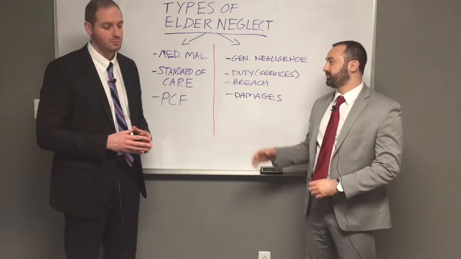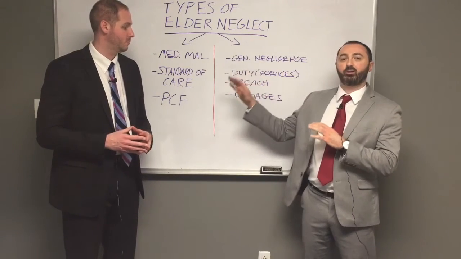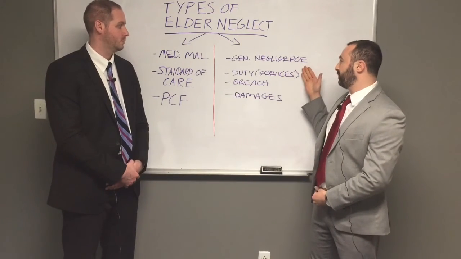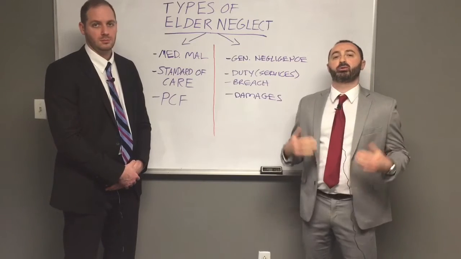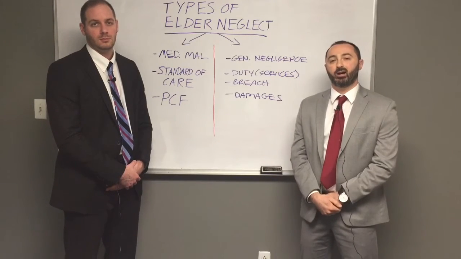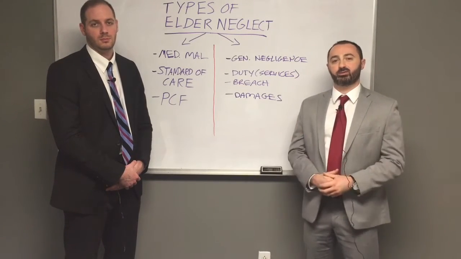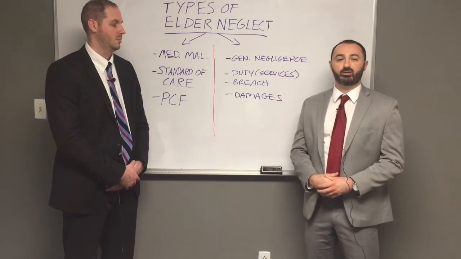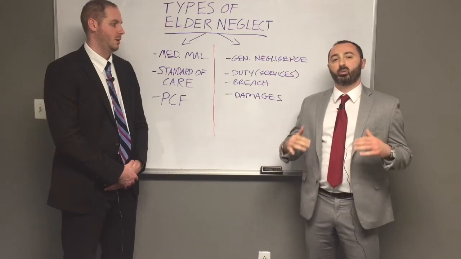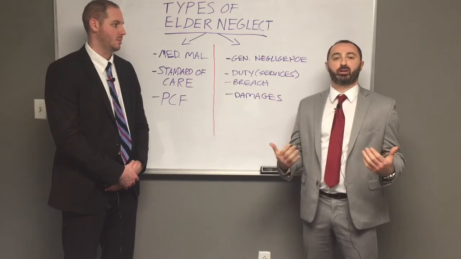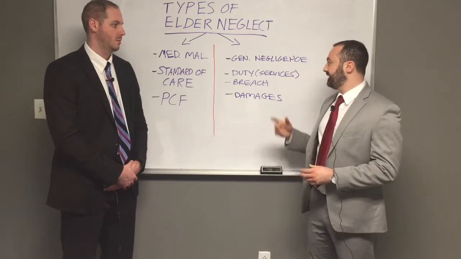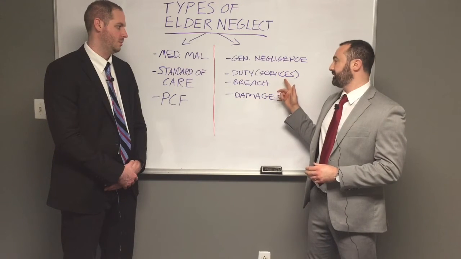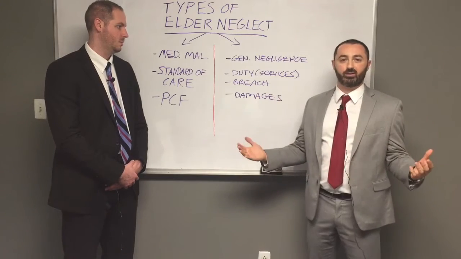That's right. So generally, anything that doesn't fall under that category of medical malpractice is really going to fall under a more broad category of what we might call a general negligence lawsuit. And the way to think about a general negligence lawsuit is really, the word negligence comes from the word neglect. And so it's really any type of situation where one party has neglected another and they shouldn't have. And what we see is this can involve any organization that is involved in providing services to the elderly.